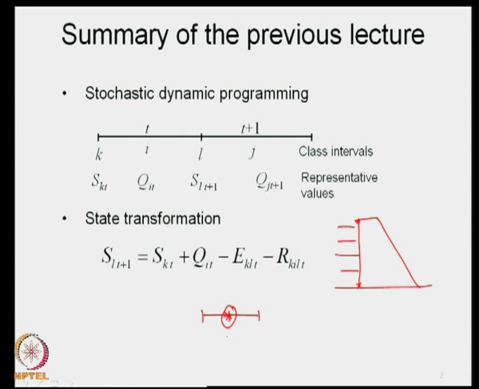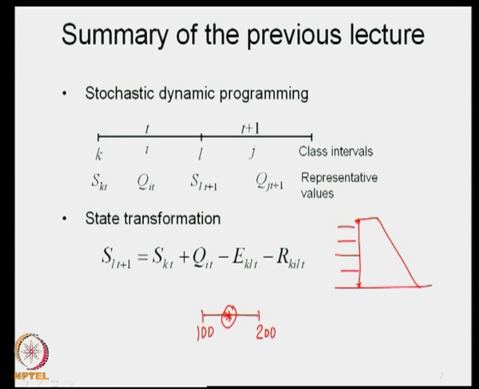For example, the storage class interval k, that is the storage at the beginning of the time period t, is represented by k, and that storage class interval is characterized by an interval. For example, storage between 100 and 200, we may say it belongs to a particular class interval k.